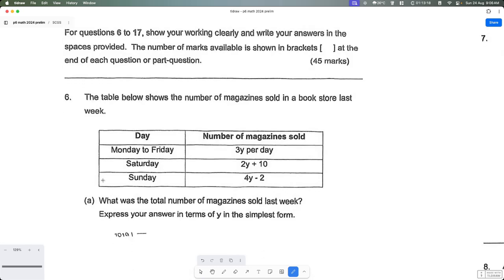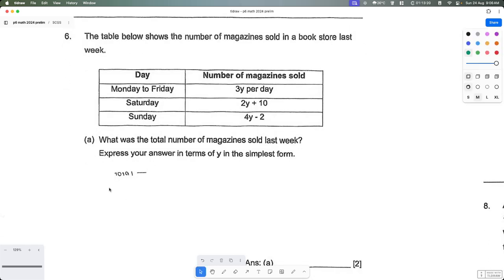For this, we know that Monday to Friday is equal to 3y times 5, because Monday to Friday is 5 days. So 3y times 5 is equal to 15y.